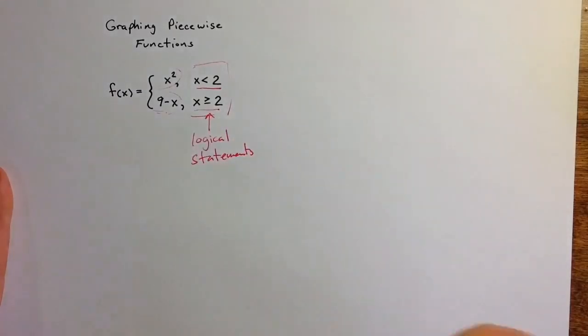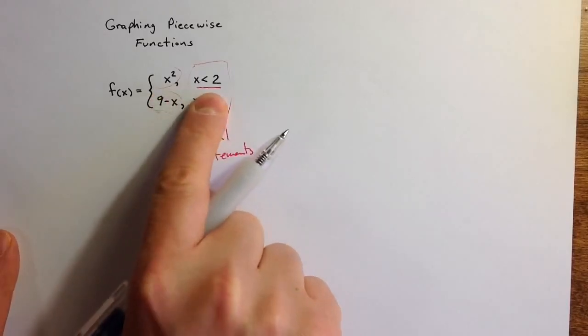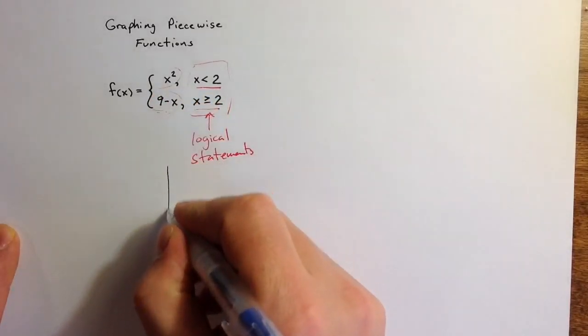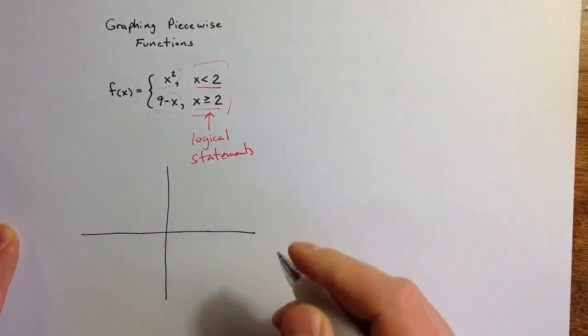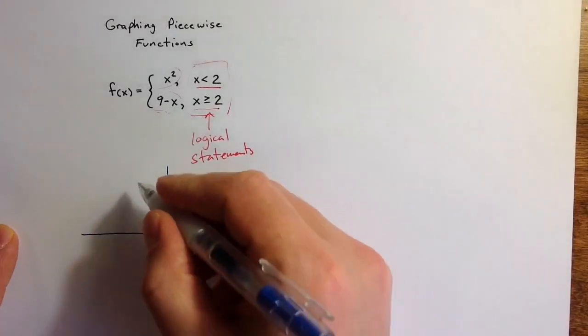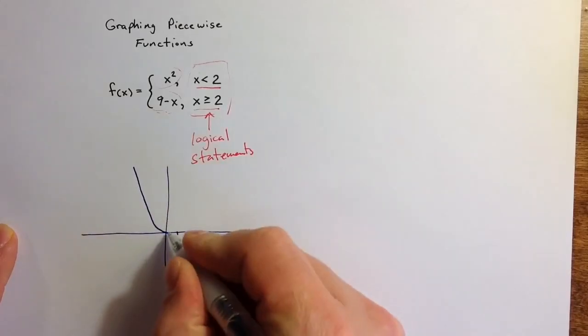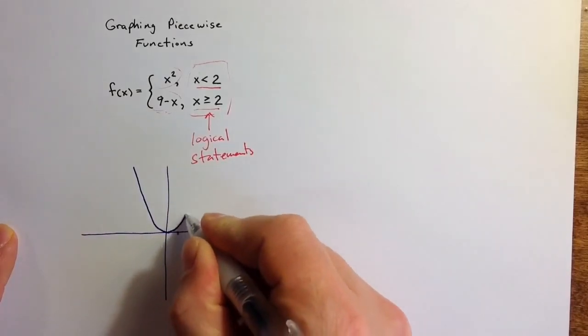Okay, well, with that in mind, we're defining the function by the expression x squared when x is less than 2. And so for any value less than 2, the graph is going to look like the parabola x squared.